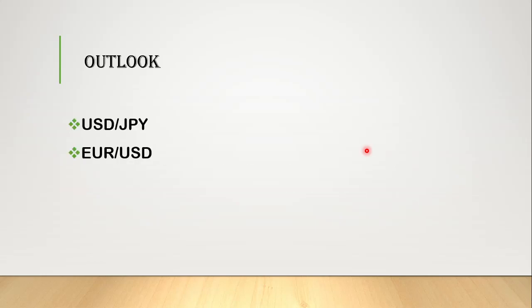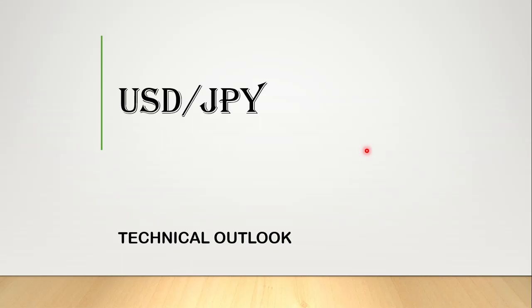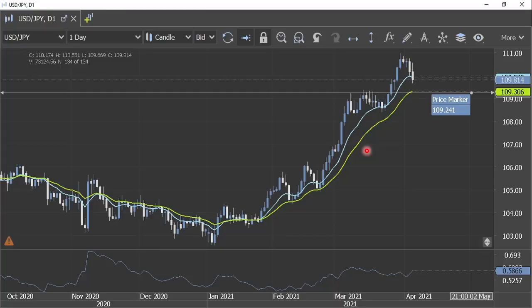Now moving on to the technical outlook. First, we will consider the USD JPY, and then we will consider the EUR USD. Let's start with the USD JPY's technical outlook. This is the daily time frame chart, and here, after spending time closer to the 111 level, the USD JPY has now given up on those highs, and it has even declined below the 110 level.